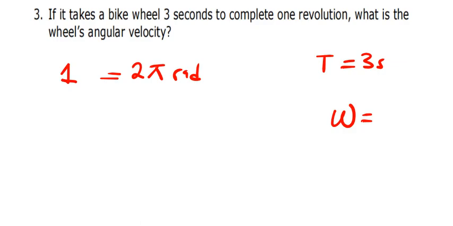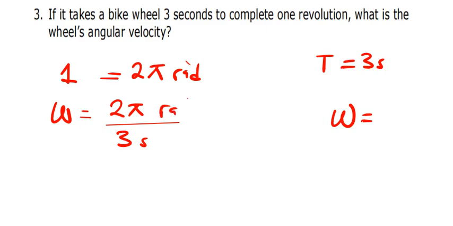Now we know that 1 full revolution corresponds to an angular displacement of 2 pi radians. Your angular velocity is going to be per unit time. So we're going to have our angular velocity equal to, since we have a full revolution and that will be the distance, 2 pi radians divided by 3 seconds. I'm going to put my radians here.